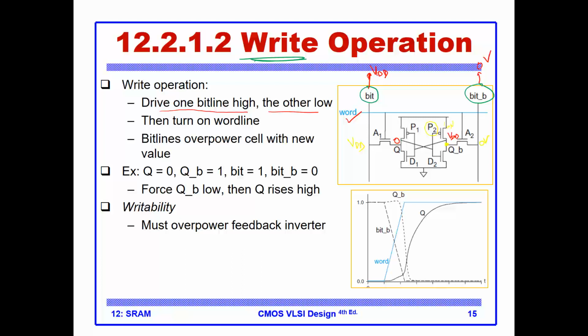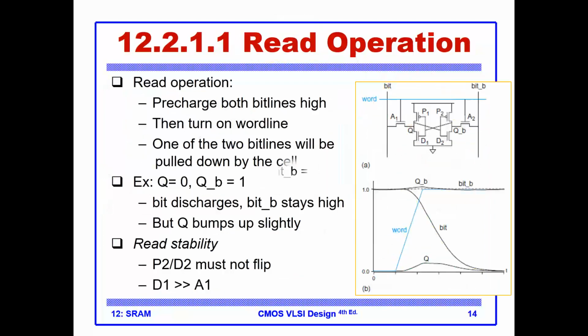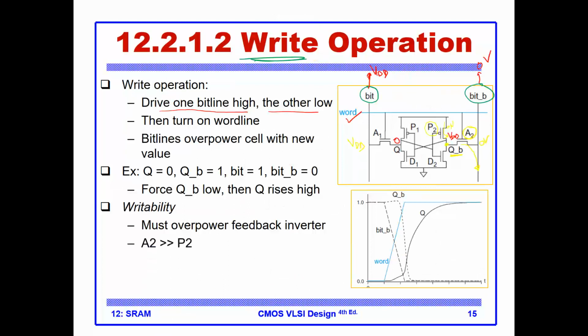So P2 is charging this node to VDD, supplying the current to Q bar to keep it high. At the same time, when I turn on the access transistor A2, A2 is trying to discharge this node to zero. Eventually, I want to discharge Q bar to zero. So it is important that A2 is much stronger than P2.